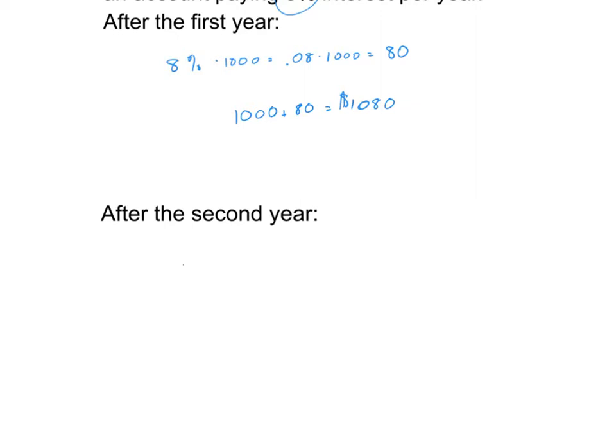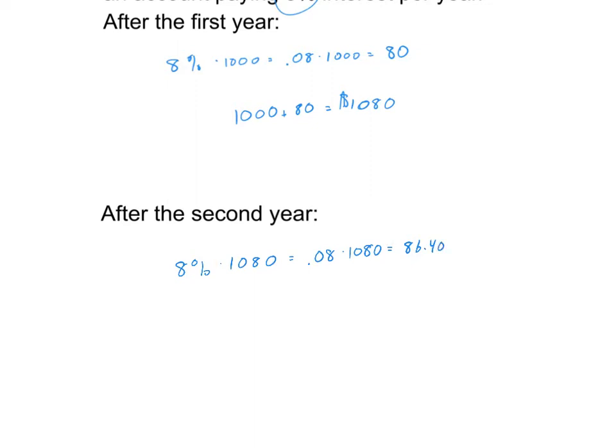Now I want to take 8%, but it's not times 1,000 anymore, right? After the second year, we've already made that $80 during the first year, so we're going to take 8% times 1,080. The way that I type that in my calculator, 0.08 times 1080 is equal to $86.40.